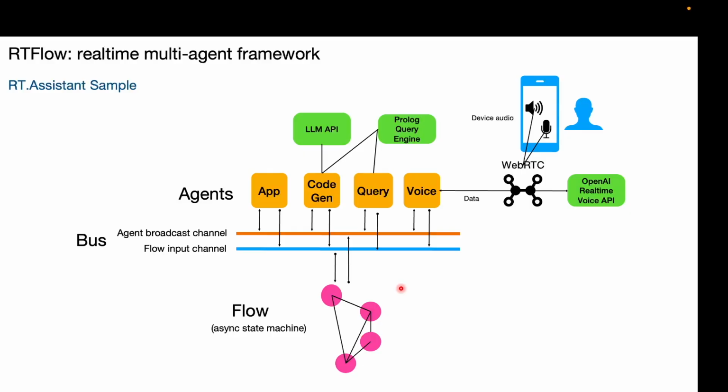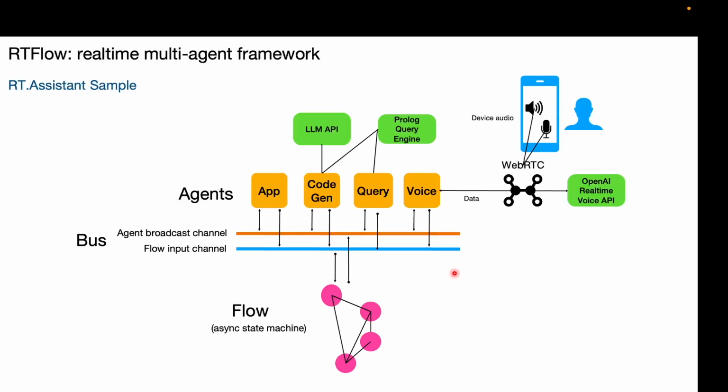However, there are situations where you want more control. So in that scenario, the agents will send their messages to the flow instead of sending it to each other directly or broadcasting that message on the agent channel. They will send that to the flow, and the flow, depending on which states it's in, will then orchestrate the agents accordingly.